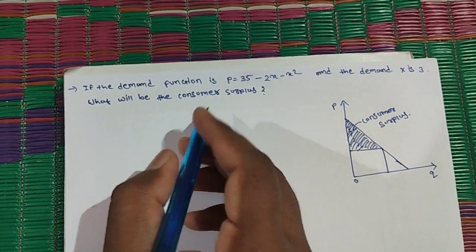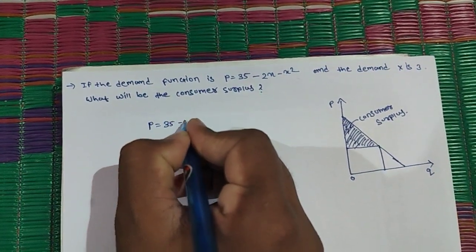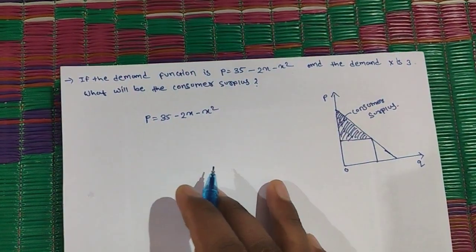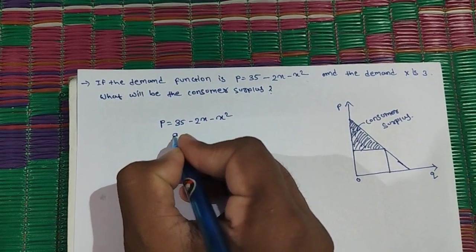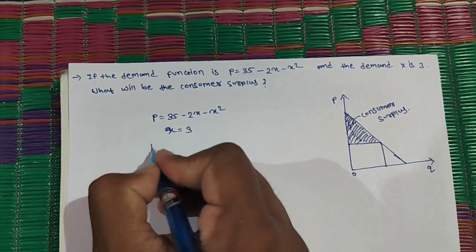Now what is given in the question? The demand function is 35 minus 2x minus x square, and quantity is given as 3. Now find the price.